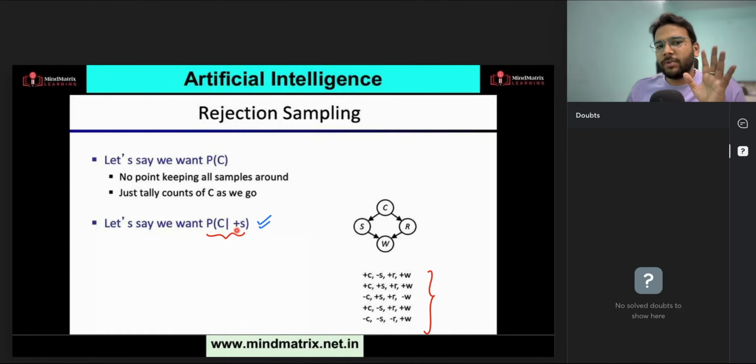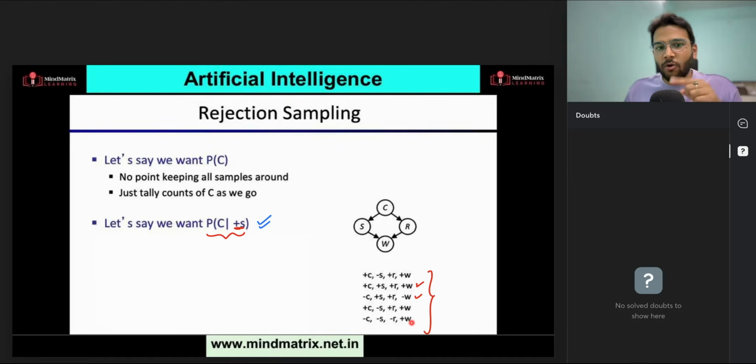This is quite related to the basic conditional probability that you already know. If this is given to you, it is sprinkling, and these 5 samples are given to you, now what will you do? Obviously, you will consider only those samples where it is sprinkling. You will just simply filter out. Yes or no?